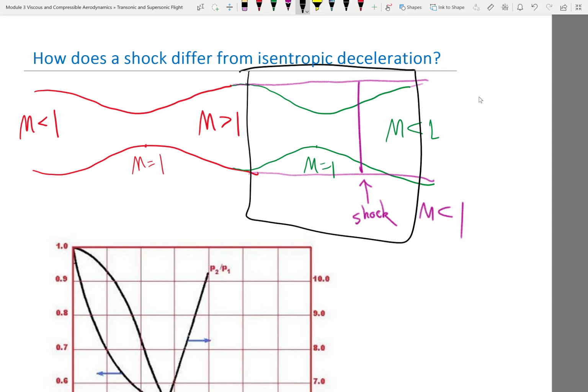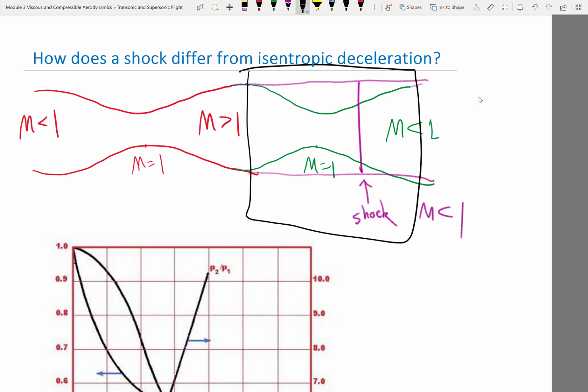So basically, we look at the region that goes from the supersonic flow to subsonic flow, and the area of the inflow and outflow is exactly the same. So first of all, between the two cases, the green and purple case, would the conservation of mass be any different? The conservation of mass is exactly the same, right? The inflow area is the same, the velocity and density of the inflow is the same, and assuming the Mach number downstream is the same, then the outflow of mass is also exactly the same.